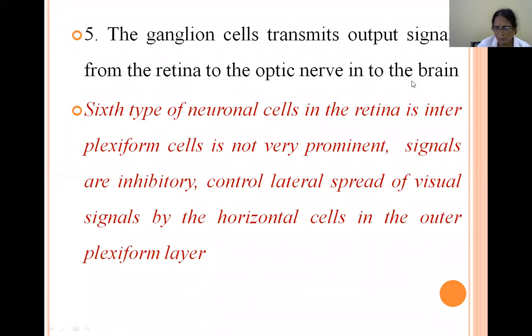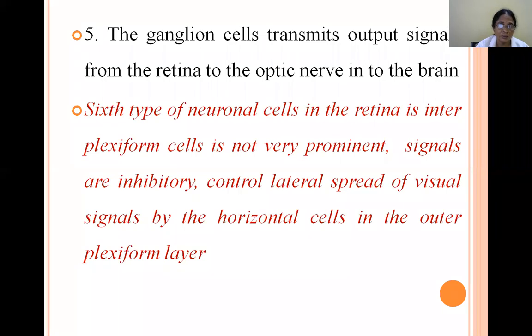I hope you have understood this. First, the signals are received in the photoreceptors, which are rods and cones. Then the outer plexiform layer is stimulated. The outer plexiform layer consists of bipolar cells and horizontal cells. The bipolar cells transmit the stimulus in a vertical manner, and the horizontal cells transmit in a horizontal manner to the adjacent cells.